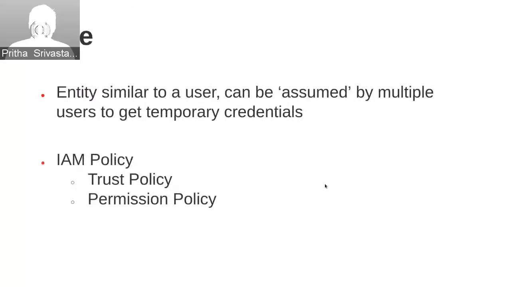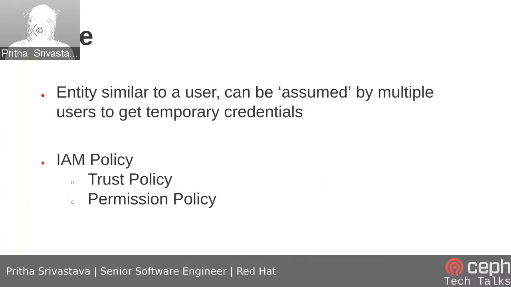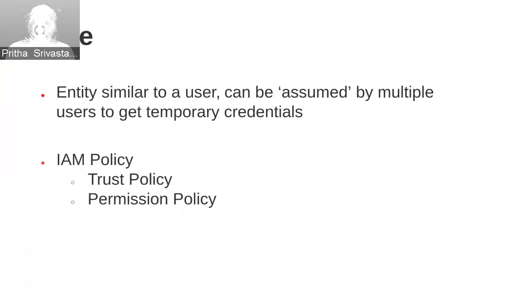So what is a role? A role is an entity which is very important in the STS world, and it is similar to a user, but it doesn't have any permanent credentials attached to it. And it can be assumed by multiple users to get back temporary credentials. A role has two IAM policies associated with it. One is the trust policy and the other is the permission policy.